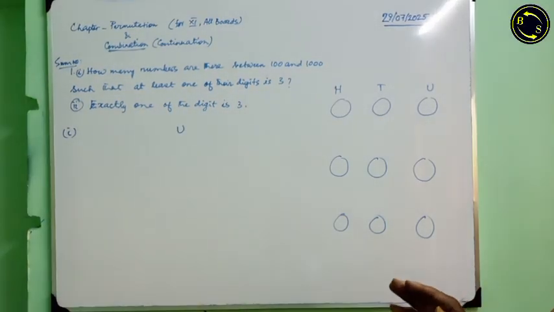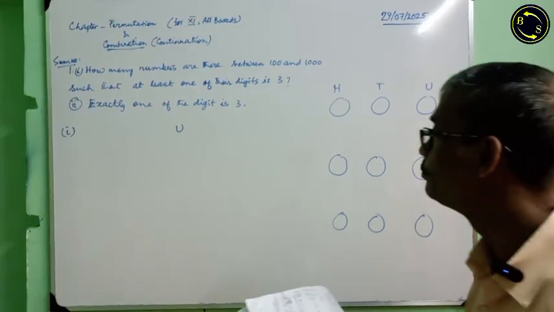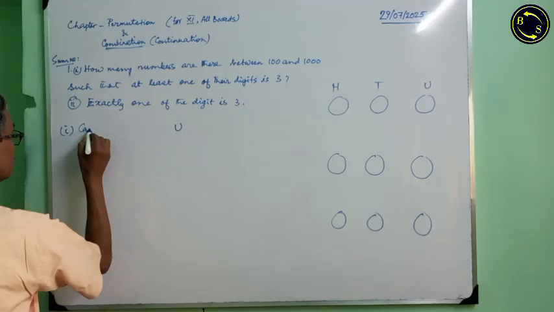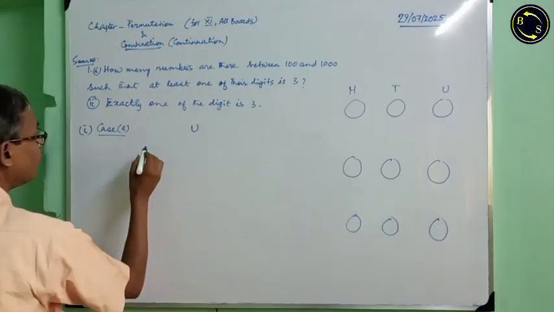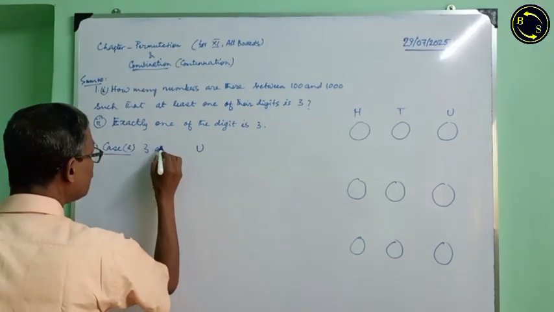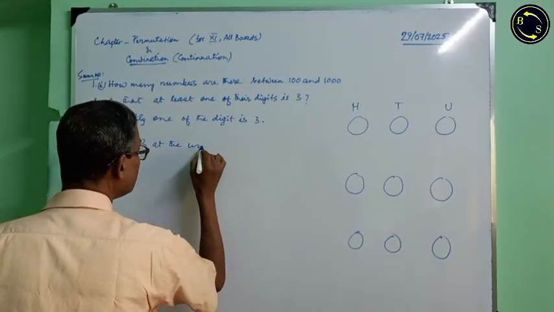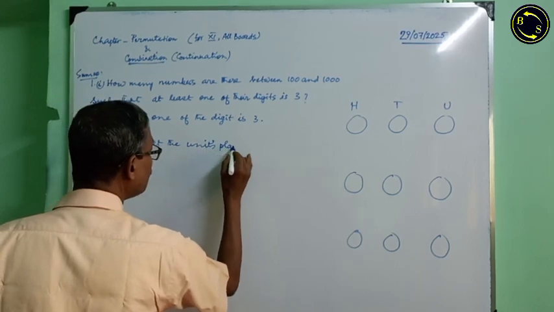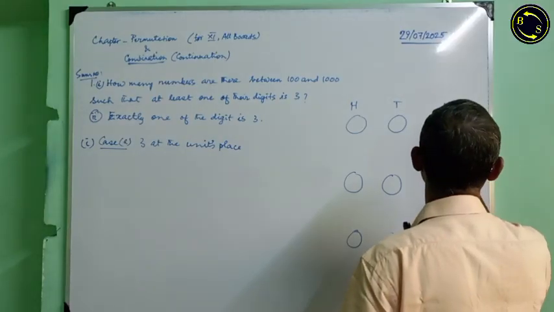First case, 3 at the units place. Follow this diagram. 3 is there.